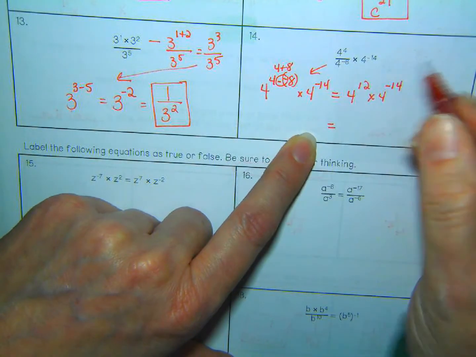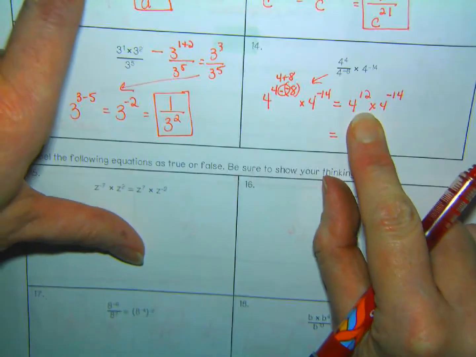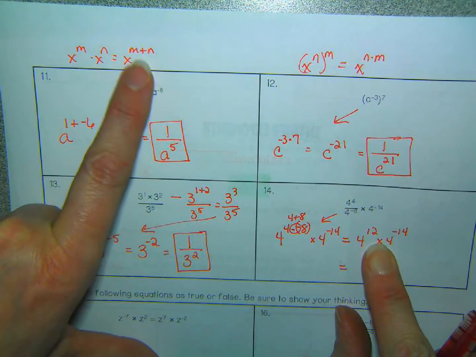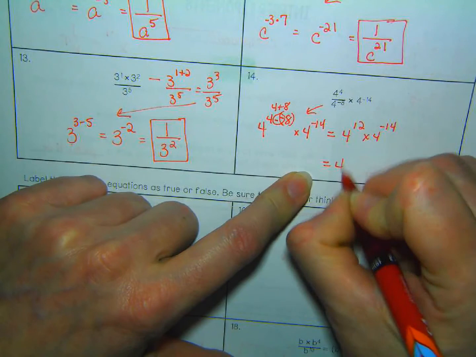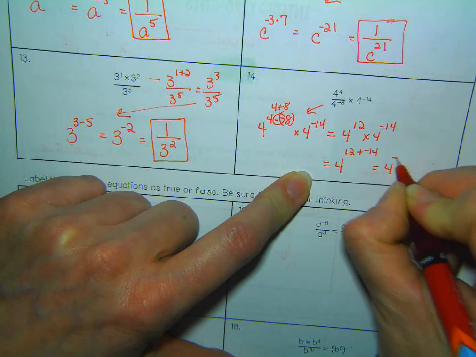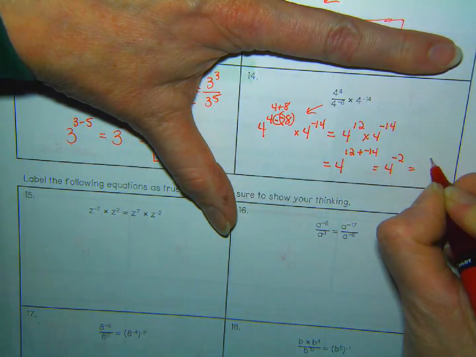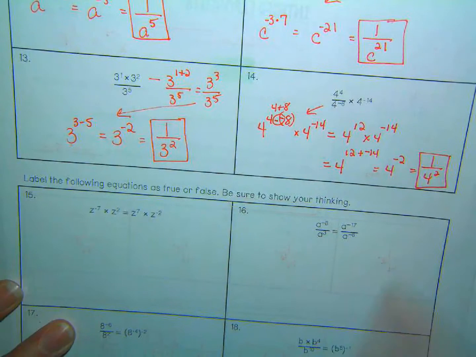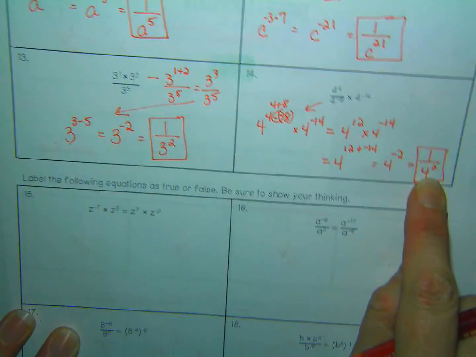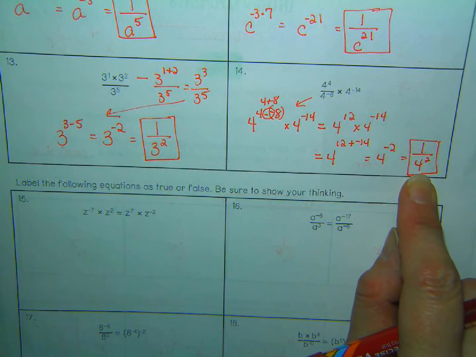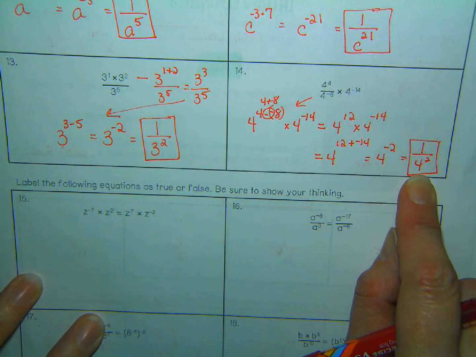And that goes back to this right here. When we're multiplying like bases, we add the exponents. That's 4 to the 12th plus negative 14th, which is 4 to the negative 2. And that is 1 over 4 to the second power, which would be 1 over 16 if they hadn't asked us in the directions to leave that as a number raised to a power, a base raised to a power.